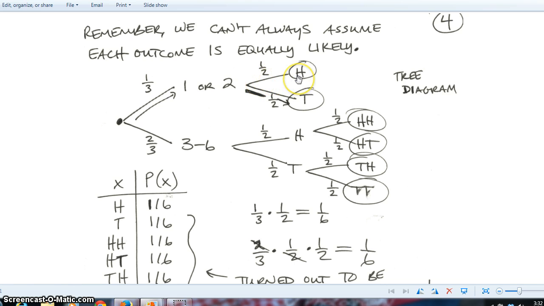But if the unconditional probability is equal to the conditional probability, the two events are said to be independent. Basically, what that's saying is it doesn't matter what happened in the previous steps. I don't need to know what happened. The probability is always going to be the same at that step of the tree diagram.